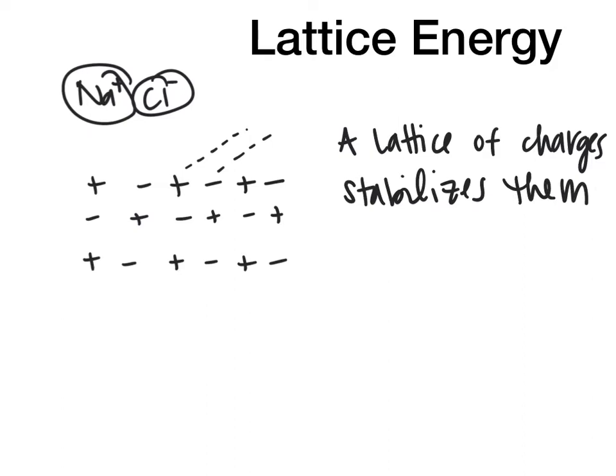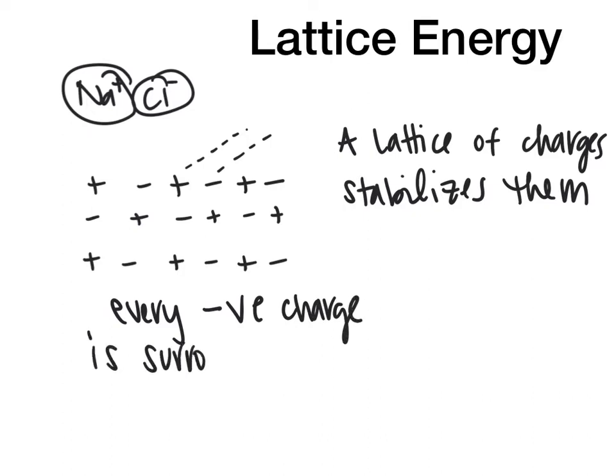Back in chapter 4, we talked about how a dipole moment could be formed in water, where the water molecules will be surrounded by the ions and vice versa. This is very similar to that, where every negative charge is surrounded by positive charge.